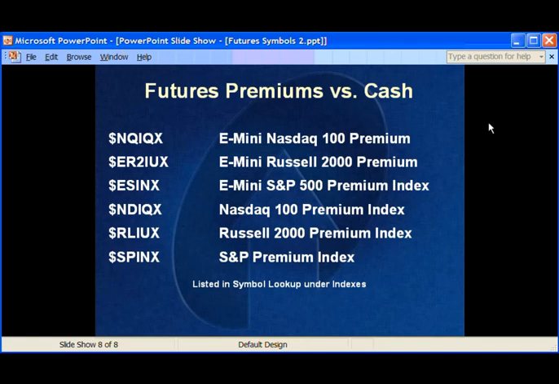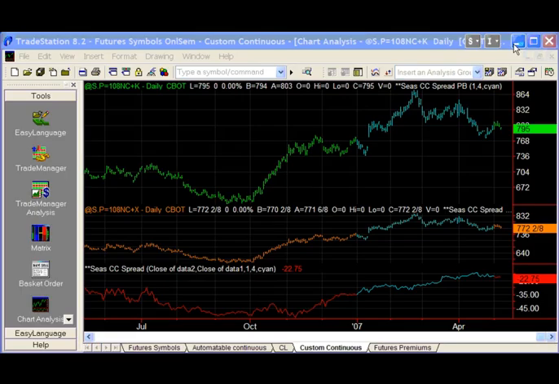For the E-mini NASDAQ, Russell, and S&P, and the full-size NASDAQ, full-size Russell, full-size S&P, it's the relationship of the futures to cash, the futures premium versus cash. These 6 symbols are in our database. You can find them in there, and it may save you doing some computations in TradeStation.